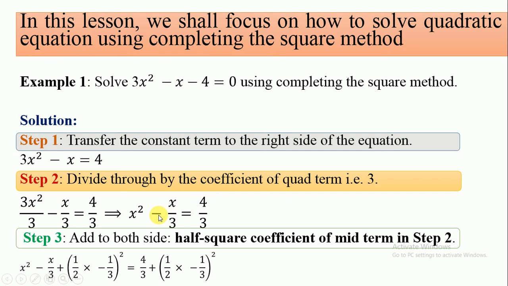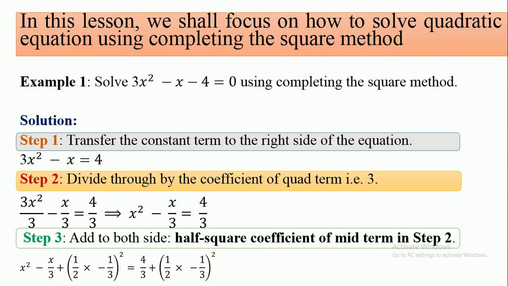So let's see. At the left hand side, I have x squared minus x over 3 plus, I need to take half of the coefficient, which is 1 over 3, everything in bracket squared, equals at the right hand side 4 over 3 plus the same thing, 1 over 2 times minus 1 over 3 bracket squared.